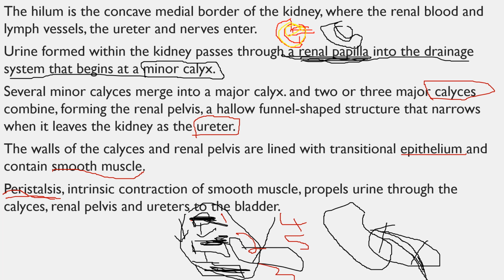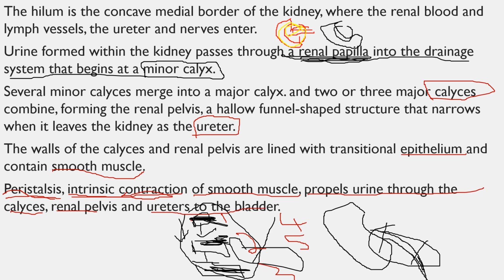So they are saying here peristalsis, intrinsic contraction. Intrinsic means inside contraction. So the word contraction, when there will be sort of squeezing. So peristalsis, intrinsic contraction of smooth muscle, propel urine through the calyces, renal pelvis, and ureters to the bladder.